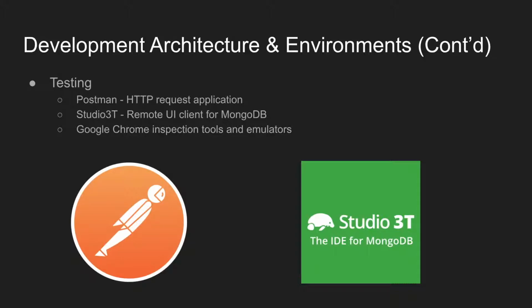And then we also used Google Chrome's development tools and inspection tools, just so we could emulate devices quickly over the browser instead of having to deploy to one of our phones every single time we needed to test a specific feature or just to implement something new.